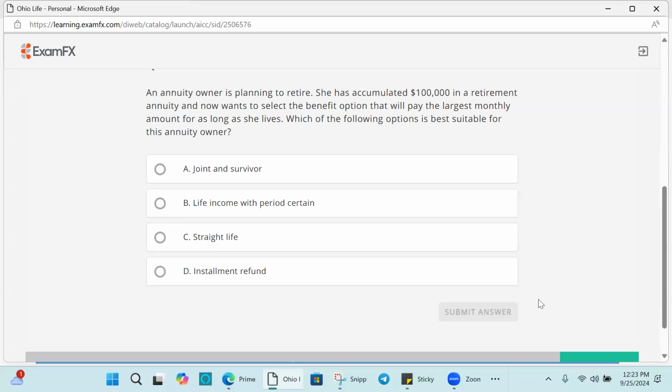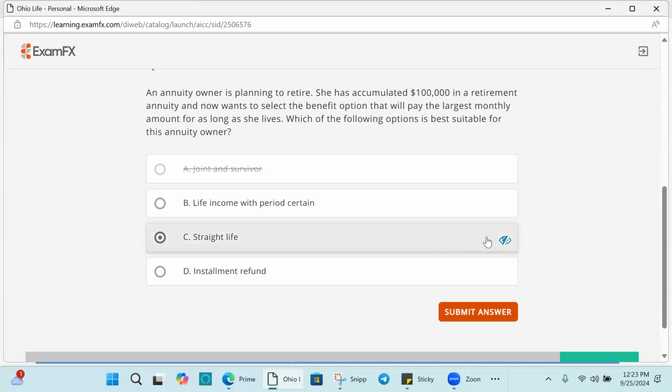Annuity owner is planning to retire. She has accumulated money in a retirement annuity and now wants to select the benefit option that will pay the largest monthly amount for as long as she lives. So it cannot be joint and survivor. Life income with period certain? Midlife will pay more.